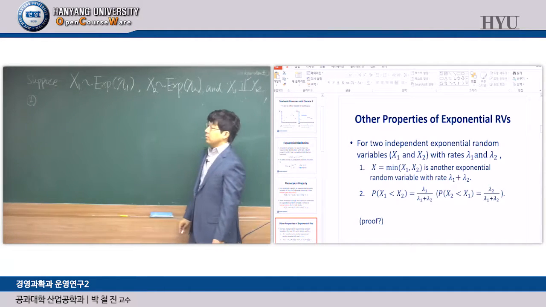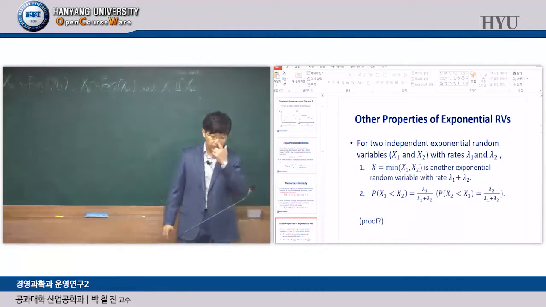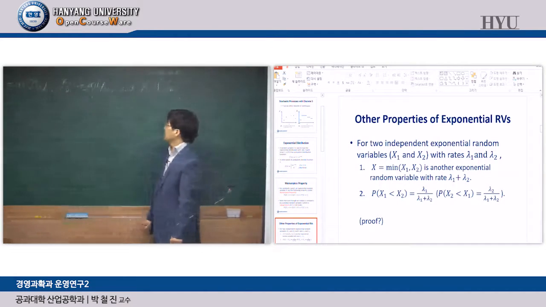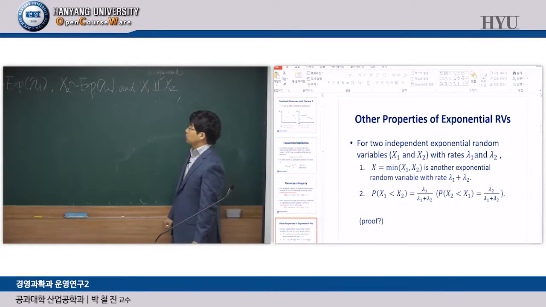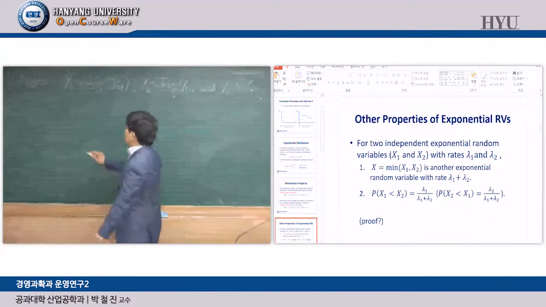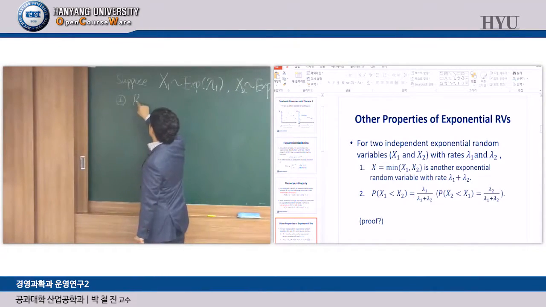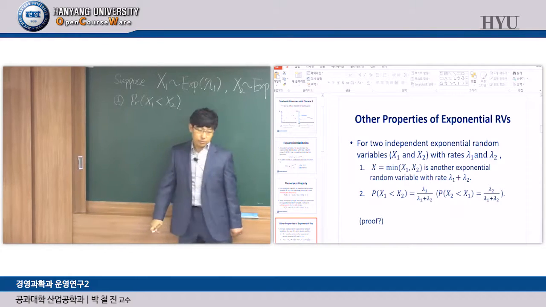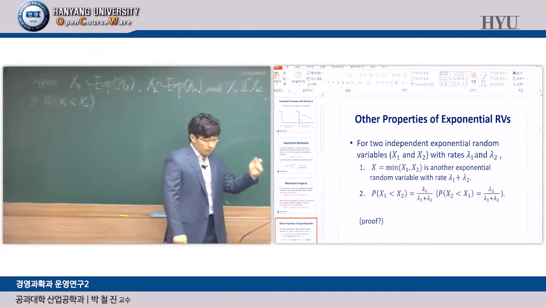X1 follows an exponential random variable with rate lambda 1, and X2 follows an exponential random variable with rate lambda 2. X1 and X2 are independent. Now we would like to calculate the probability that X1 is less than X2. Okay.